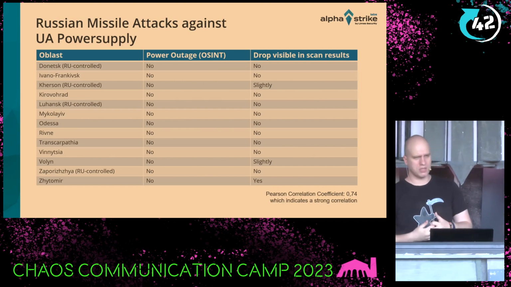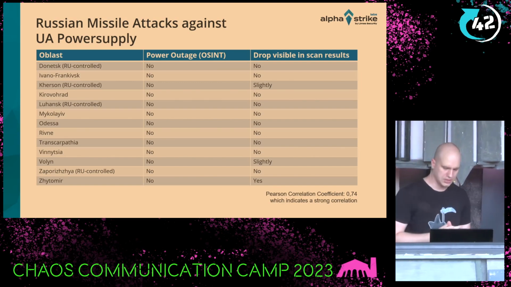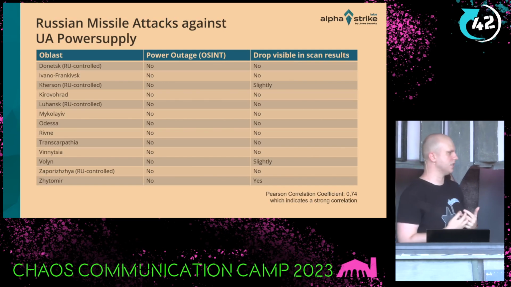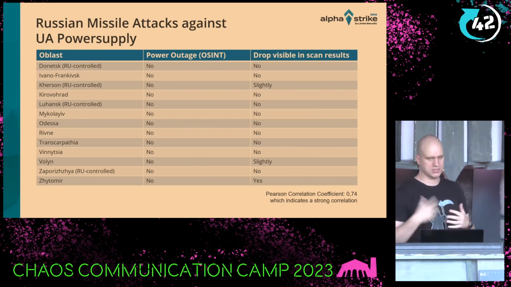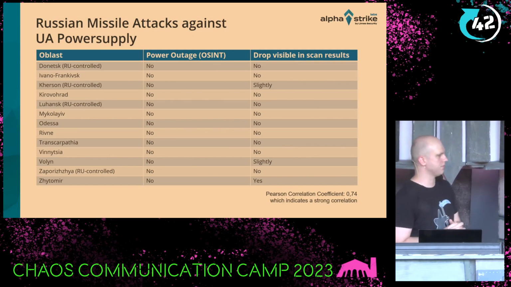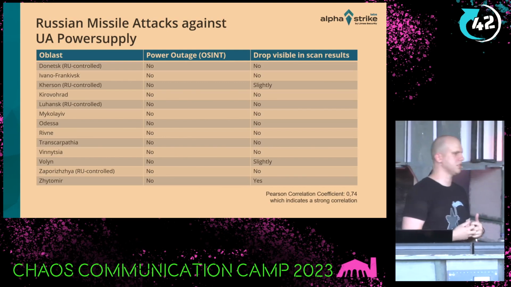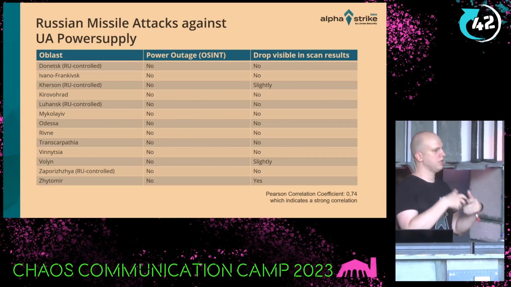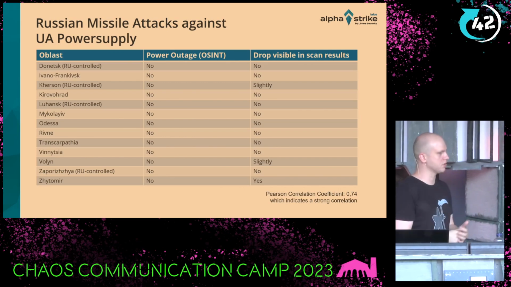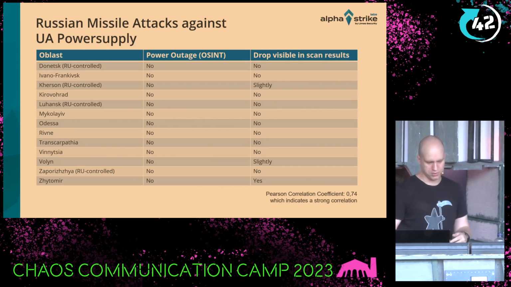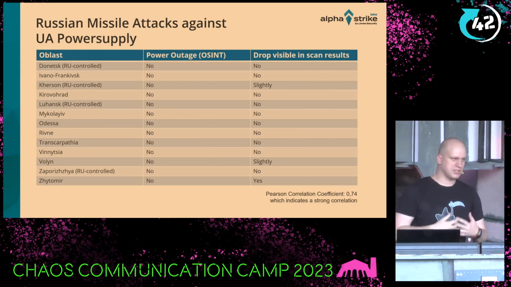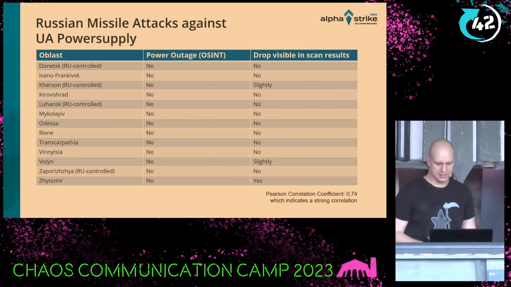We did a Pearson correlation coefficient analysis, and we got a strong correlation, a result of 0.74. This indicates that our methodology for detecting power outages in Ukraine has a strong correlation to the open source and social media reports. So this means that the algorithm and the technology is working, and it's very interesting.